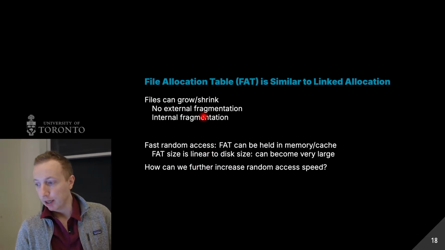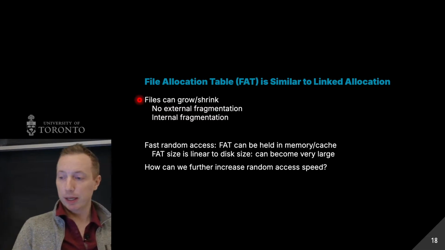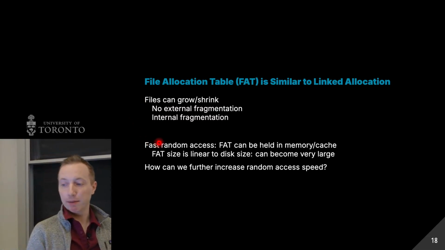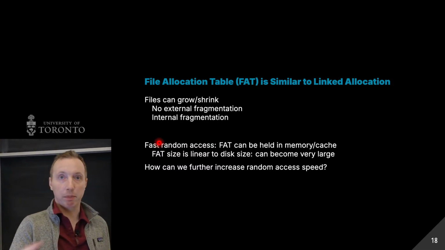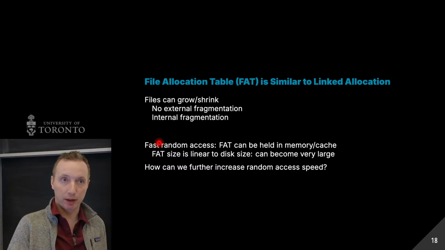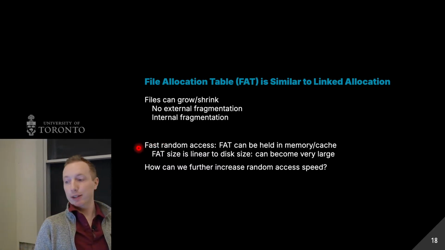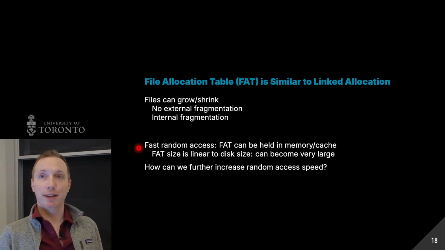Similar to linked allocation, same benefits. Files can grow and shrink. We have faster memory access because that FAT could be stored in memory or cache the whole time. It just has to read it once when your computer boots up. But the major drawback here is that the size of that table is linear to the disk size.